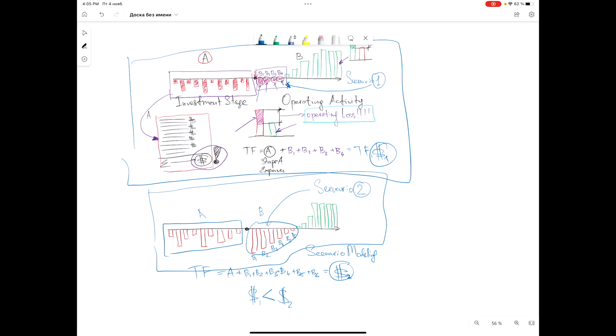And for you, you will see so much new information for yourself. You will be able to see, first of all, the amount of these operating losses. You will be able to see, looking at this list, what is the real amount of investment stage expenses.